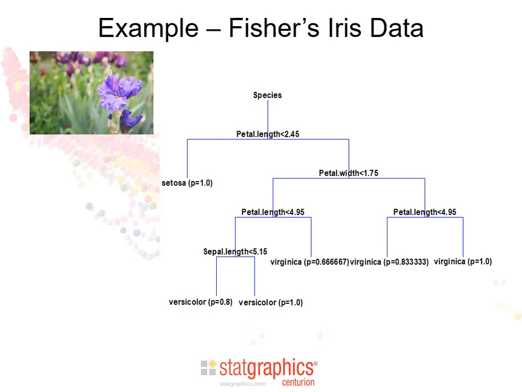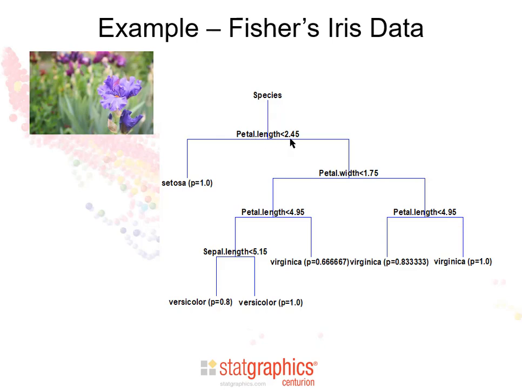Based upon the 150 observations in what we'll call the training data set for this particular model, a tree's been built. The way you read the tree is the following. Let's suppose we take an iris, perhaps one of unknown species. We begin at the top of the tree and first measure the length of the petal.